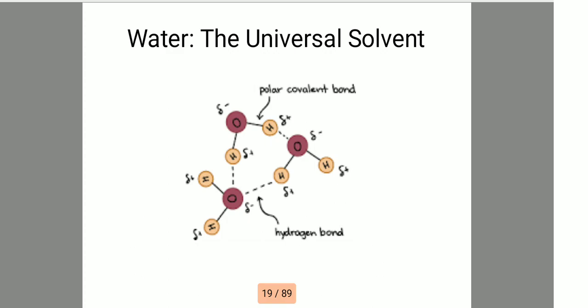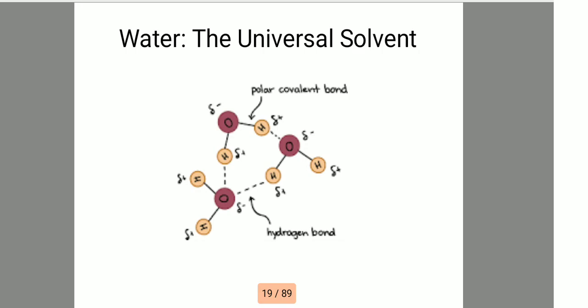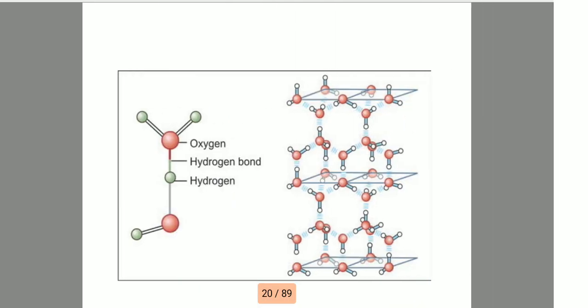Water flows in rapid motion, constantly making and breaking hydrogen bonds with adjacent molecules. As the temperature of water increases toward 100 degrees centigrade, the kinetic energy of its molecules becomes greater than the energy of the hydrogen bonds connecting them, and the gaseous form of water appears.